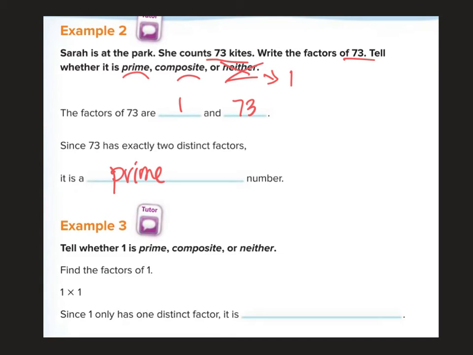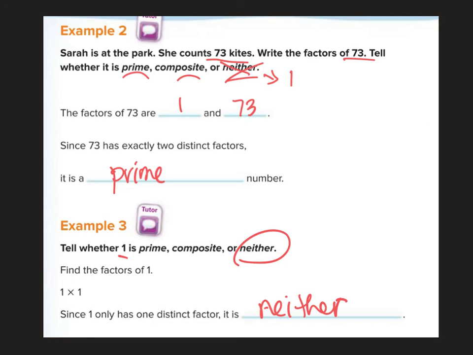Tell whether 1 is prime, composite, or neither. 1 is neither. That's the only one that would ever be neither, 1 or 0. I think 0 is neither as well.